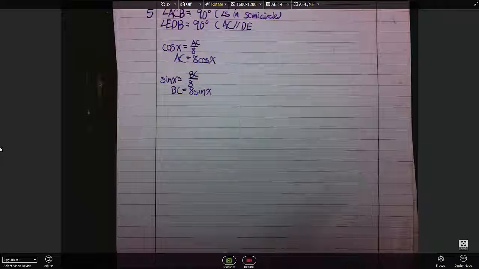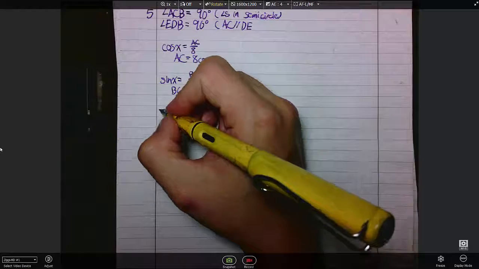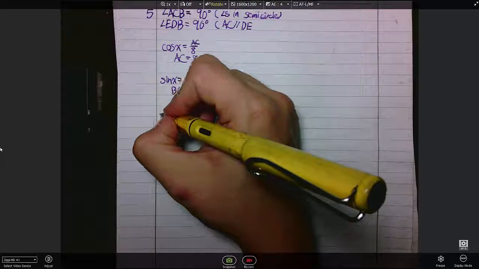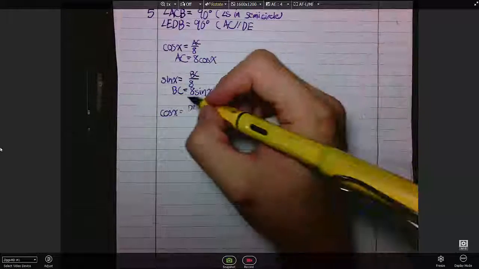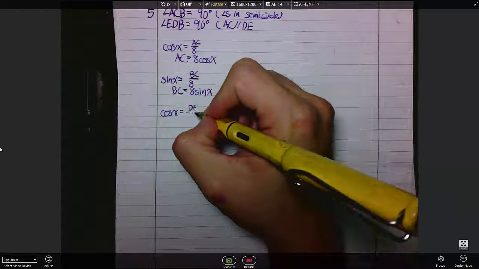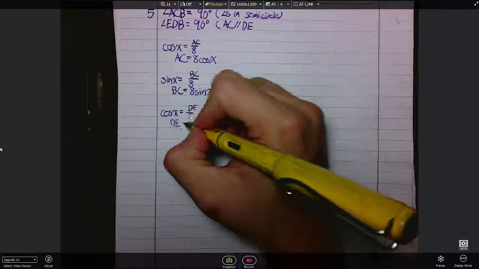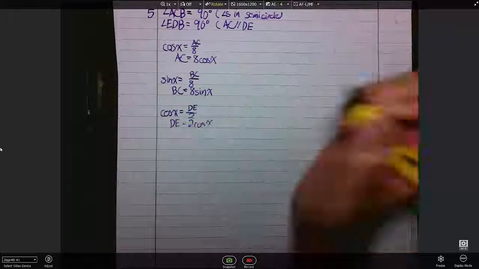Similarly, what we can write is DE. Consider the small triangle: cosine x equals DE over 2, adjacent over hypotenuse, so DE is 2 cosine x.